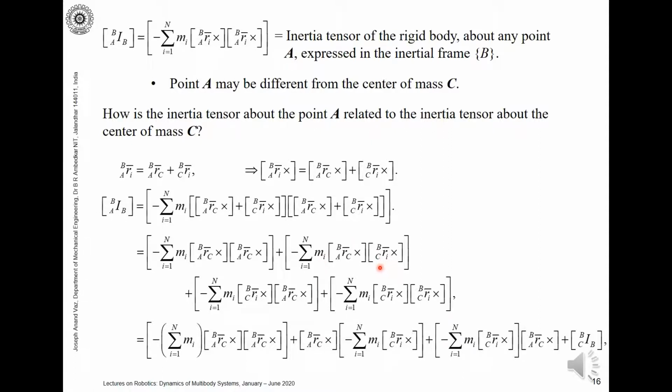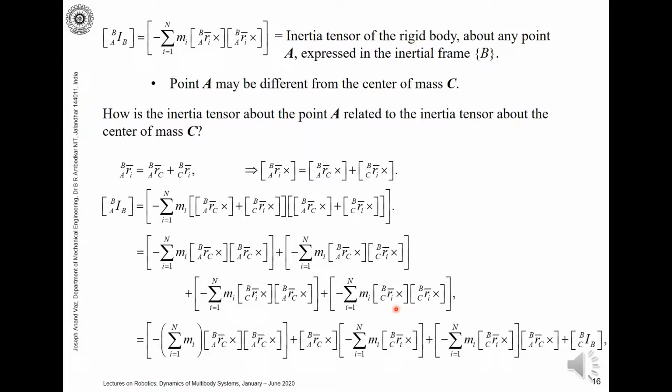You're left with m_i into R_i with respect to C expressed in B cross. That's here. Plus here the order is slightly different because the order of multiplication of these matrices is different. It seems interchanged with respect to this term here.